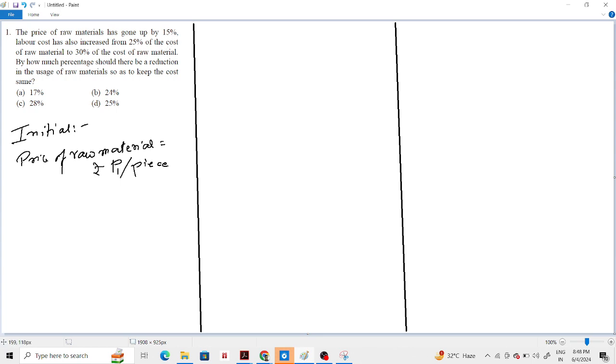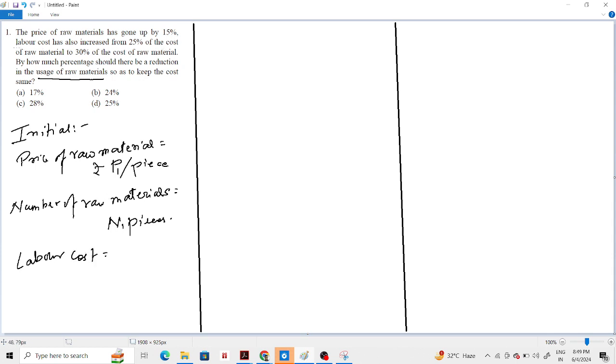Then what else is there? Number of items, usage of raw materials. So number of raw materials is N1 pieces. Okay, now what is going to be the labor cost? You see what it is given, that the labor cost is equal to what?